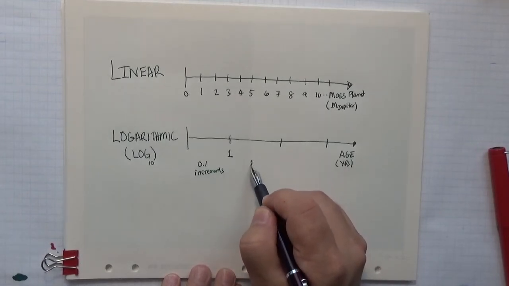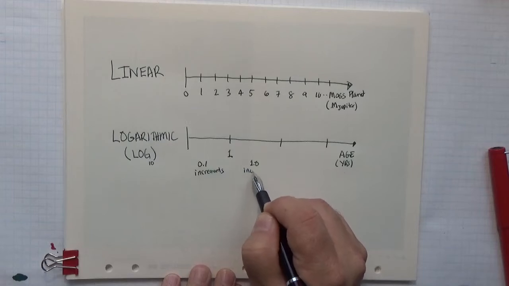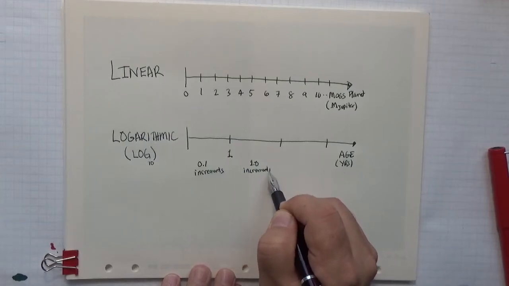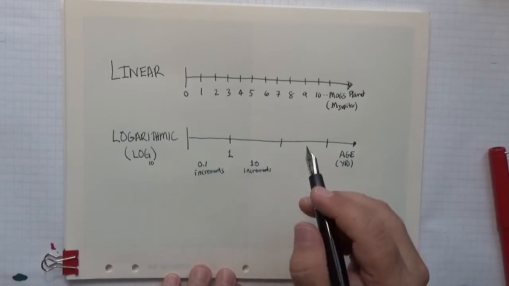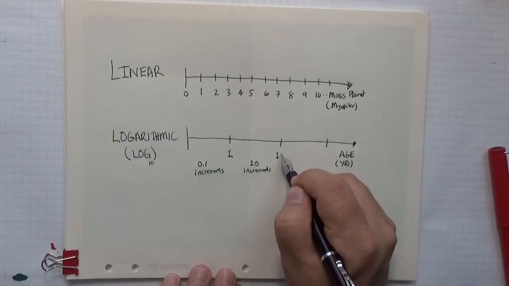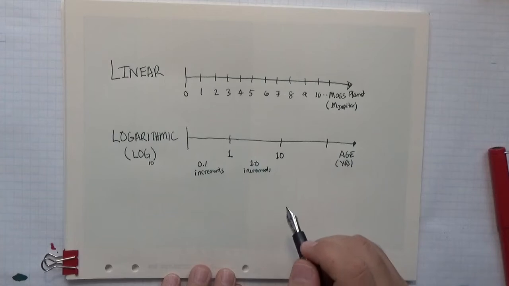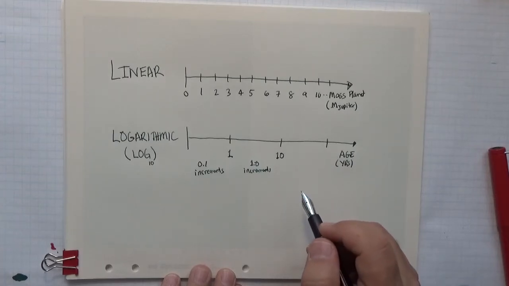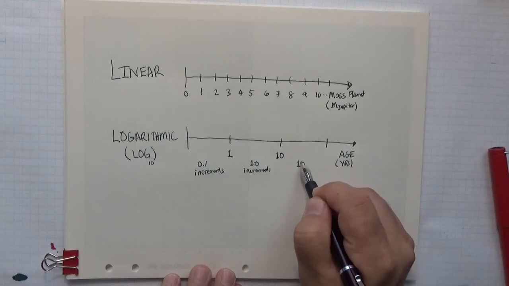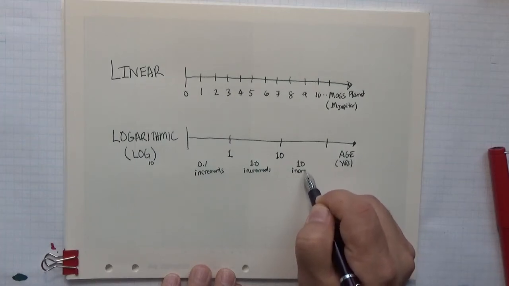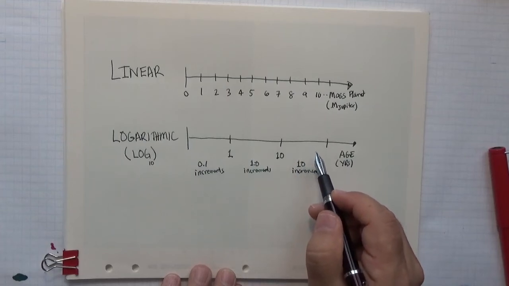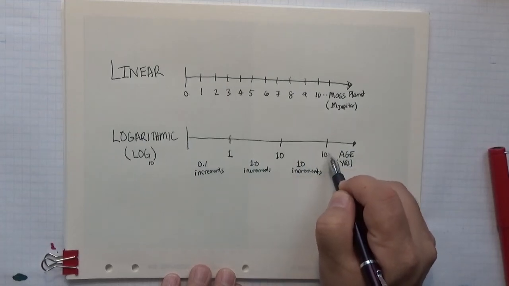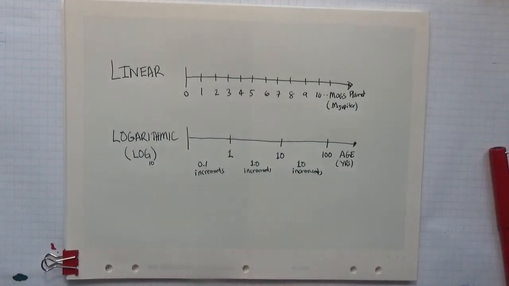So over here, I'm going to count in increments that are 1 unit. 1, 2, 3, 4, 5, 6, 7, 8, 9, until I get to 10. And then over here, I'm going to count in increments that are 10 times larger than that. So over here, I'm going to count in increments of 10. 20, 30, 40, 50, 60, 70, 80, 90, 100, and so on as we go along.